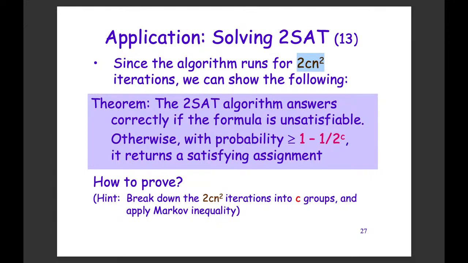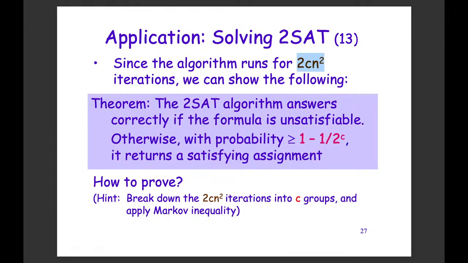With 2n squared steps allowed, the chance of going to the final state will be more than or equal to 1/2. This is by Markov inequality. The chance that we cannot go there is less than or equal to 1/2. So it is going to be more than 1/2 if we are allowed 2n squared. So if we have 2cn squared, the chance that we do not find any correct assignment, you can think of this as we have c batches of 2n squared steps.